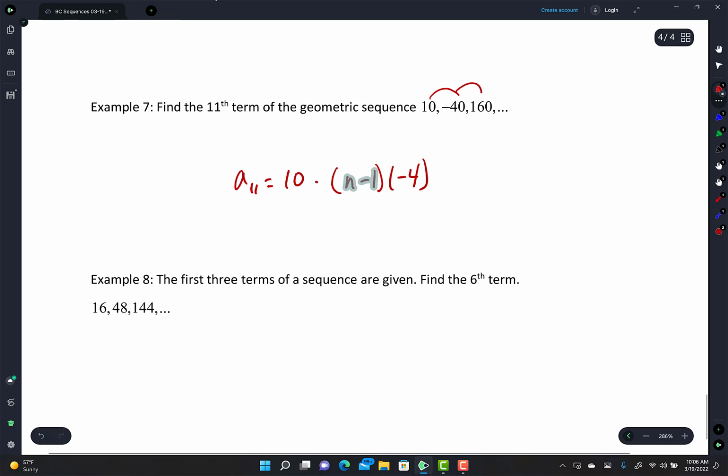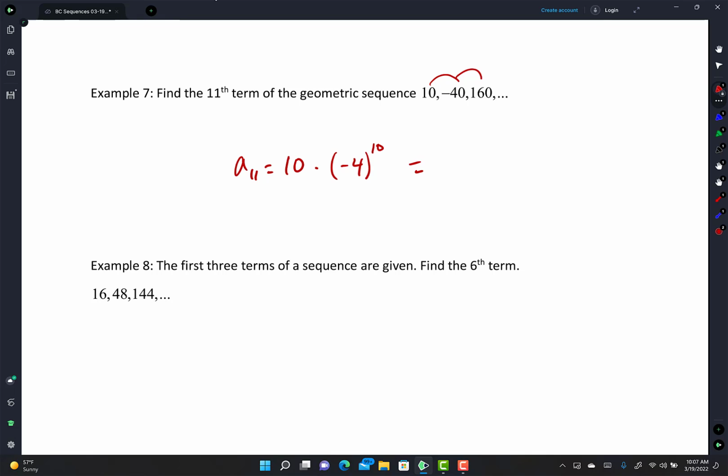So, oh yeah, it's geometric. So we got to raise it to the power. So times negative 4 raised to the power 10, n minus 1, because we did it 10 more times. And whatever that number is your answer.